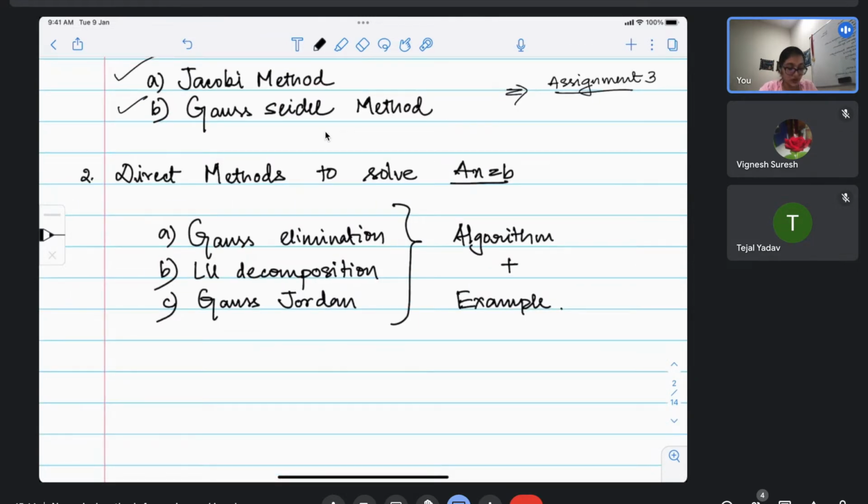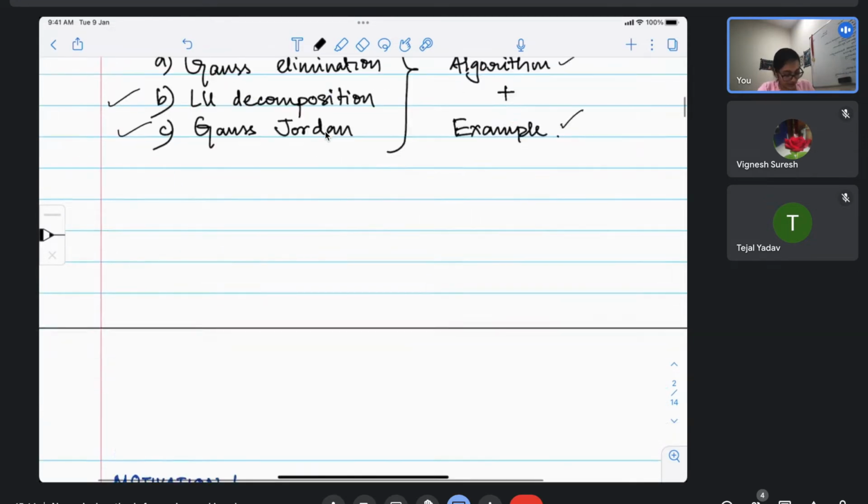We'll also go through 3 more direct methods as asked by a few learners in the doubt forum. So we will go through Gauss elimination, LU decomposition, and Gauss-Jordan, see what their exact algorithm is, and then we will go forward with the examples. So let's get started with today's class.